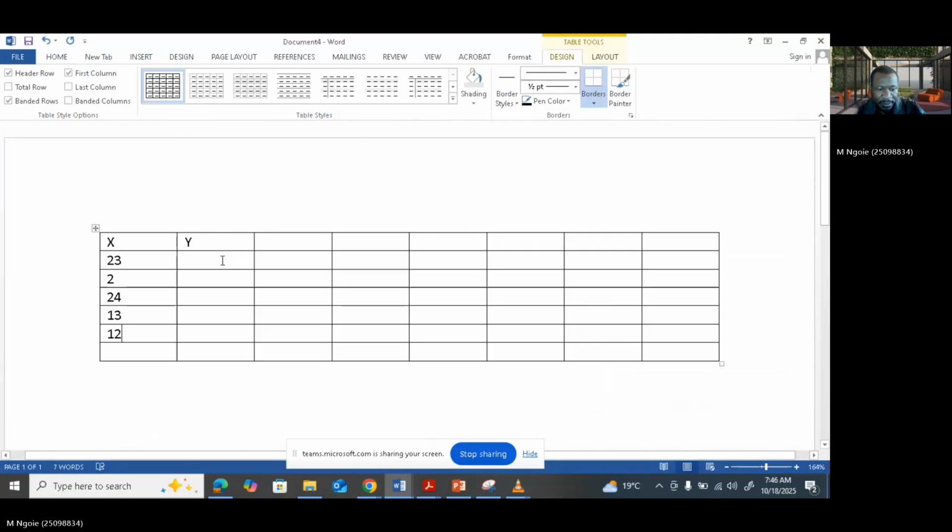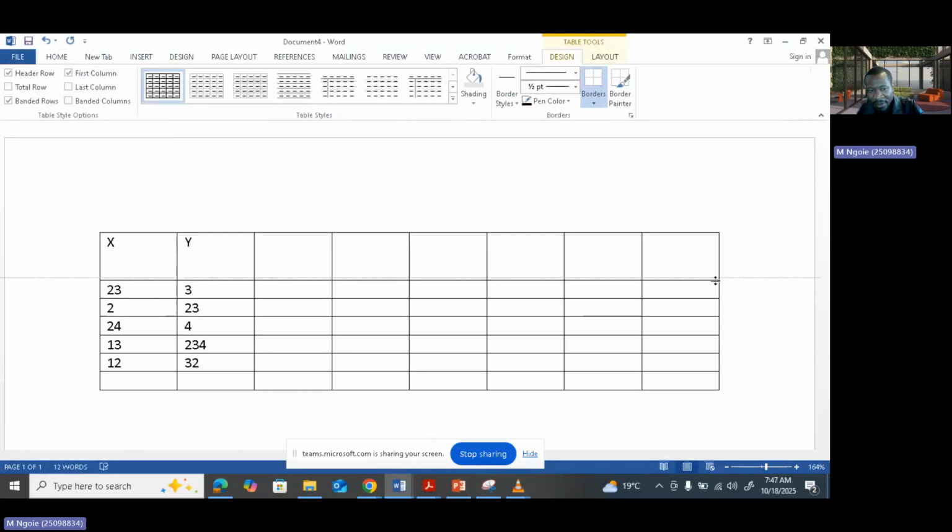Just an exercise for yourself so that you can be familiarized with this concept. And here also.